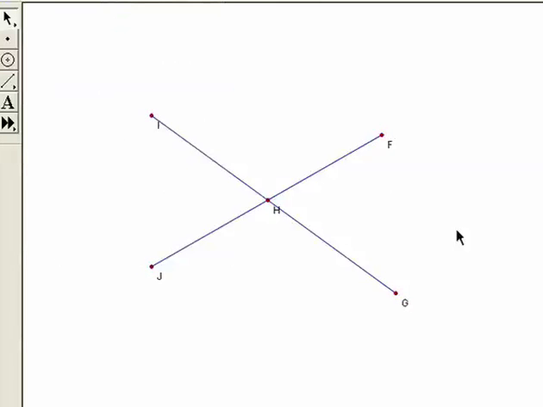Now I've unselected those points, and let's record some of the measures of angles. Let's do two supplementary angles. Let's do JHI, so we click on those points and go to Measure Angle, and here it is. Measure of JHI is 63.86 degrees. Now I'm going to do IHF, the supplement to that.